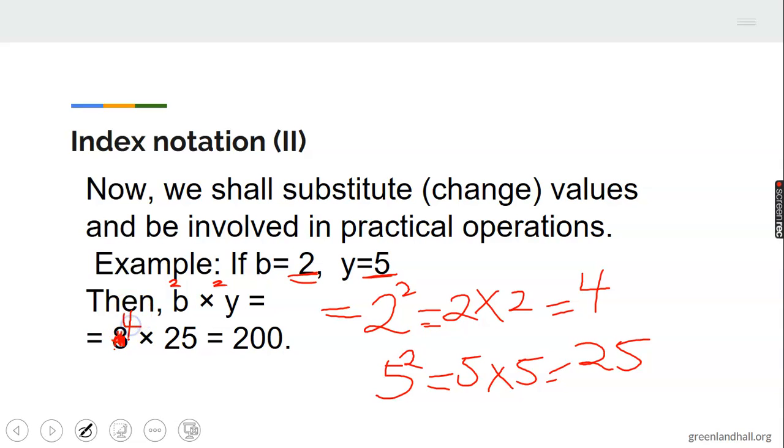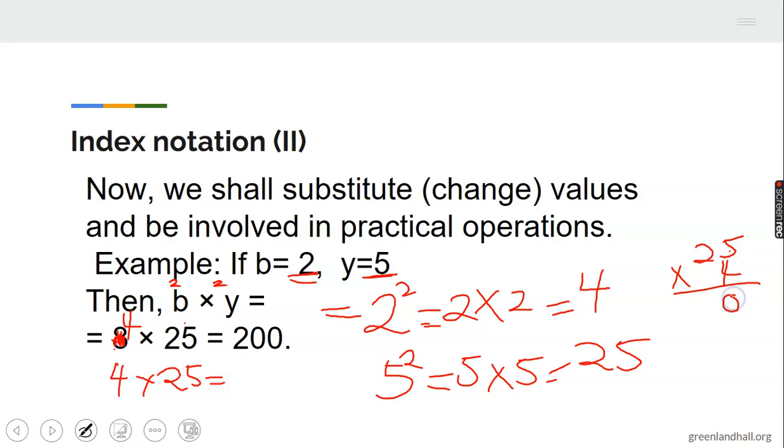So we have here 4 times 25. And instead of 200, 4 times 25 is what? Let's calculate, because it says B squared times Y squared. B squared, which is 2 squared, is 4. And then Y squared, which is 5 squared, is 5 times 5, which is 25. So let's calculate 25 times 4. 4 times 5 is 20.